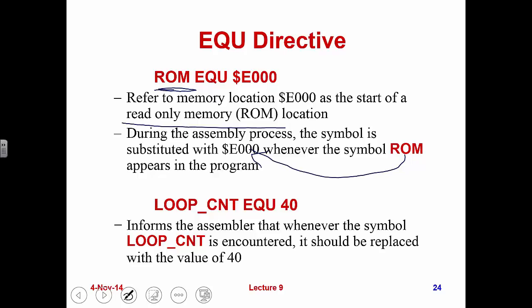But because you already assigned them to meaningful names, labels or symbols, you can simply call the labels. Same idea here for LOOPCOUNT: whenever LOOPCOUNT appears in your program, it will be replaced by the value of 40.